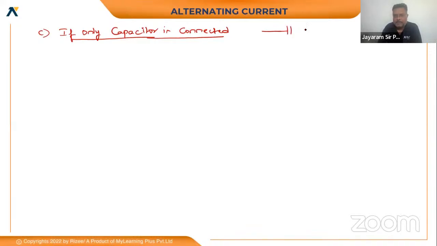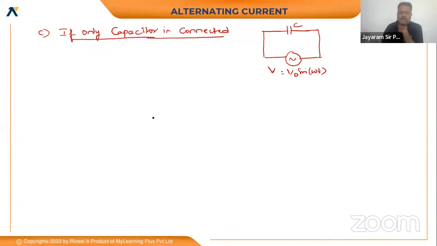It is a parallel plate capacitor which I am taking, connected to an AC source here. Okay, so now we are giving an input V is equal to V naught sine of omega t.